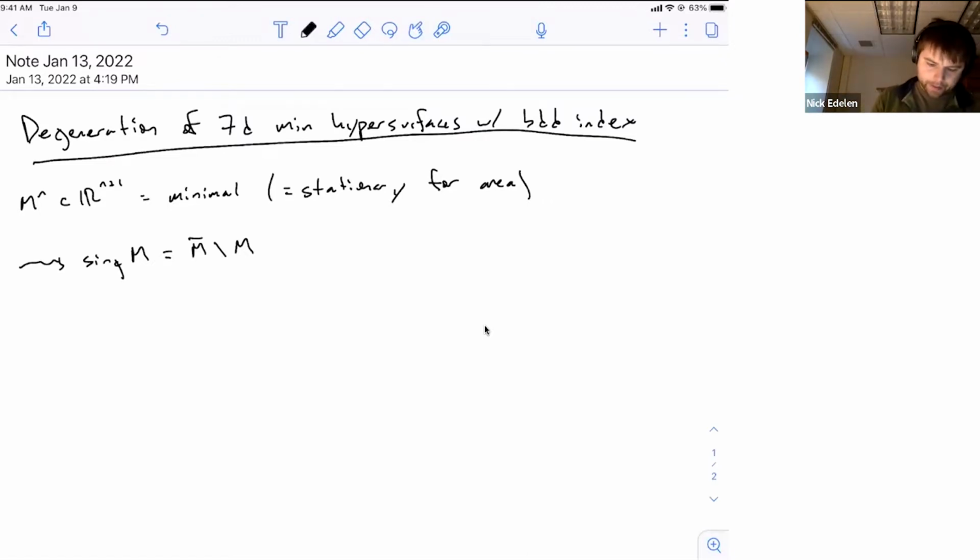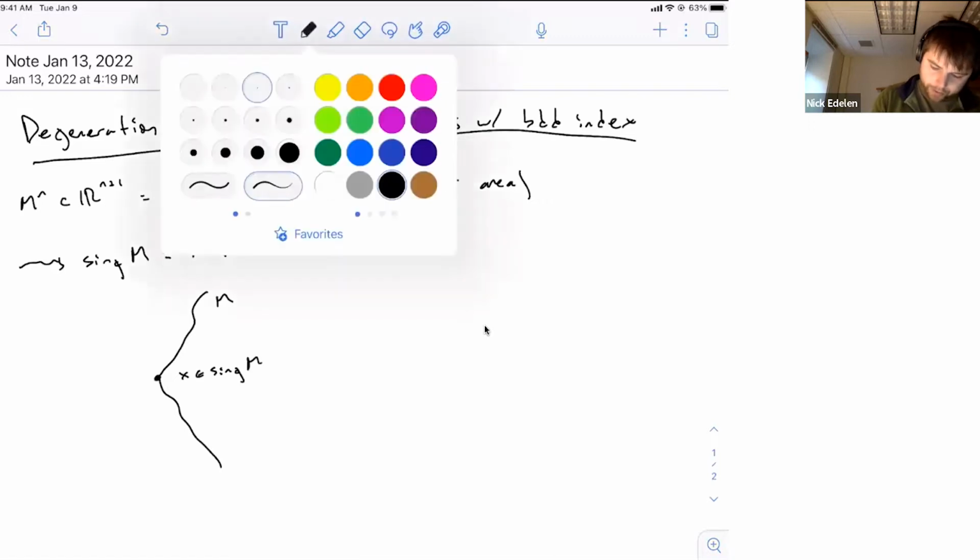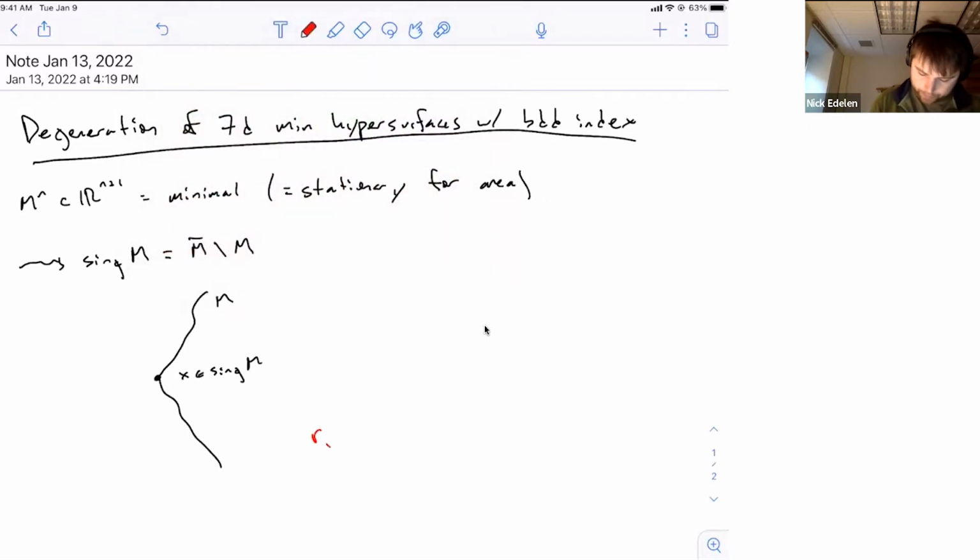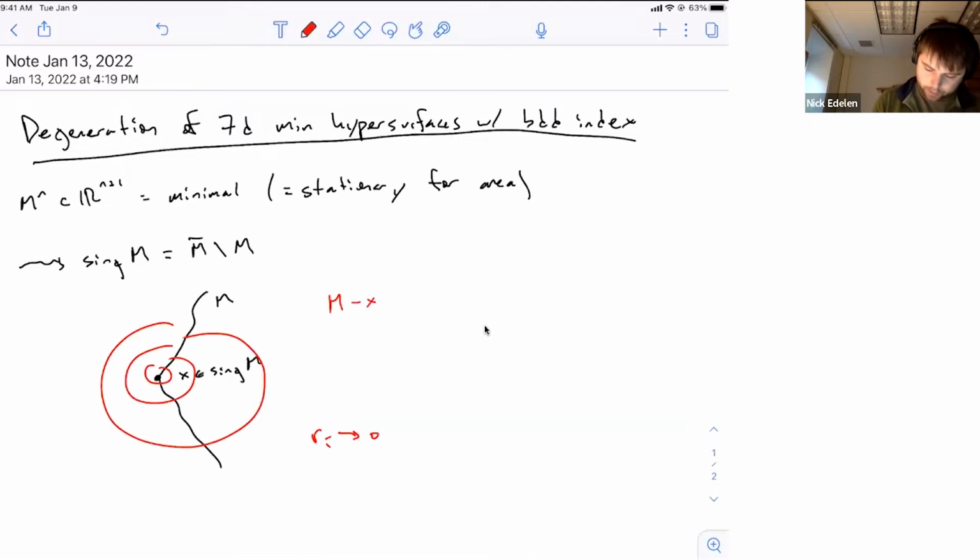And the way that you typically go about trying to understand a singular point is you look at the tangent cone. So just like in mean curvature flow, you take a tangent flow. So here, if you have a minimal surface and you have some singular point, you choose a sequence of radii going to 0, and you zoom in at the singular point.